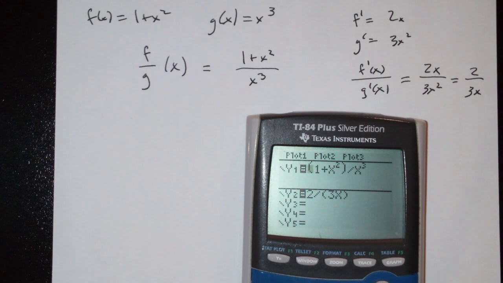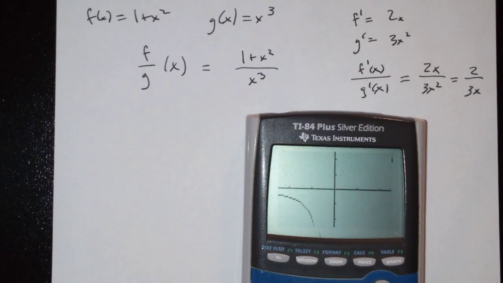Let's turn off the derivative for a second. This is my original function, 1 plus x squared over x cubed. If I ask you for the slope of a tangent line anywhere on this graph, what value would it have?